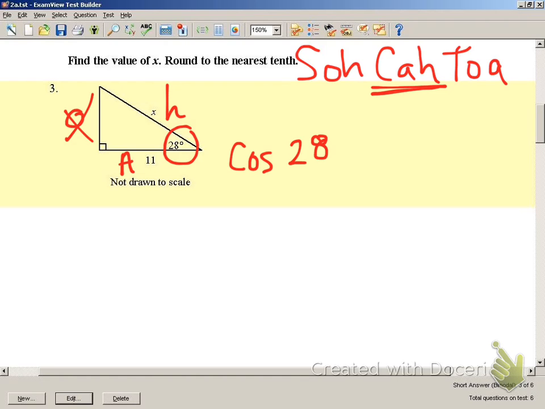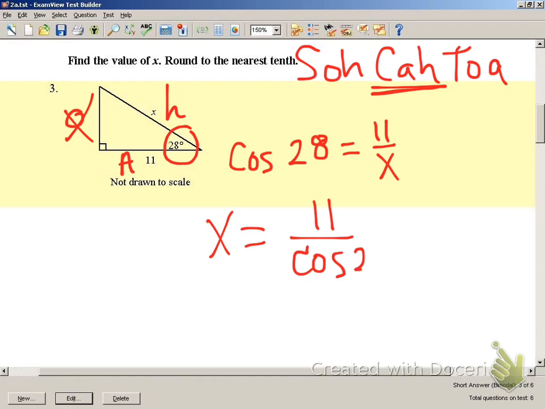Cosine 28 degrees is equal to 11 over x, adjacent over hypotenuse. Then we simply solve the equation. If x is on the bottom, remember that we will divide. X will equal 11 divided by cosine 28. Putting that into our calculator gives us 12.5, rounding to the nearest tenth.